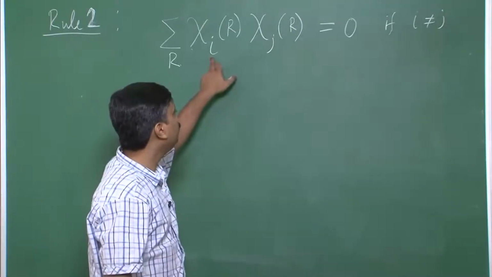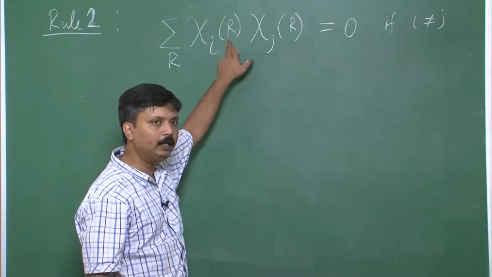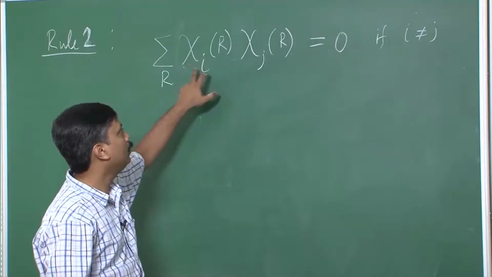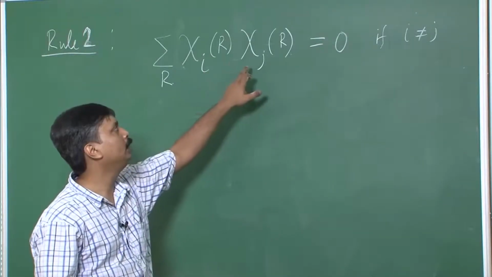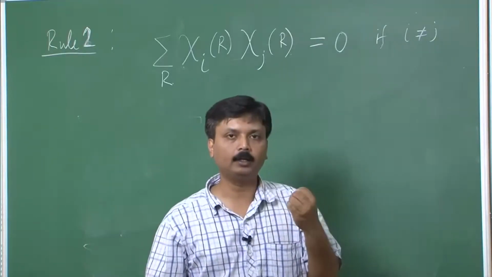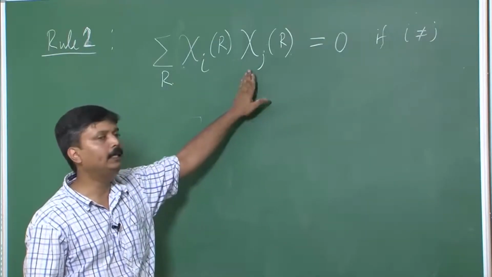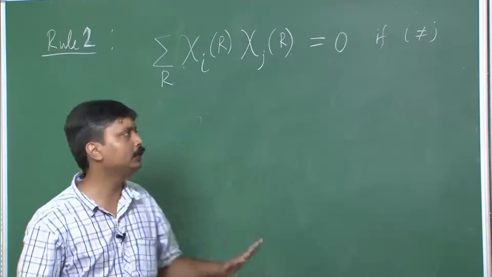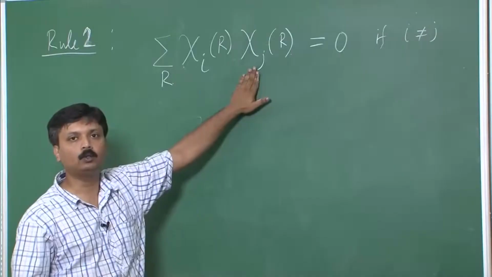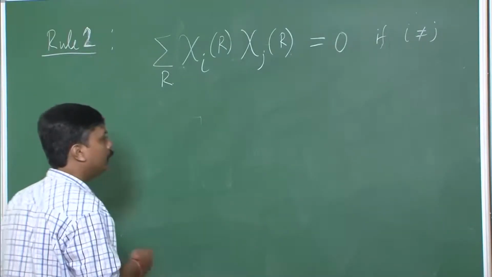Now if we have the characters for any given symmetry operation R, and we multiply that with the same character for another irreducible representation J and then sum it over all the symmetry operations, I will get 0, meaning these are orthogonal. So, how do I prove that?